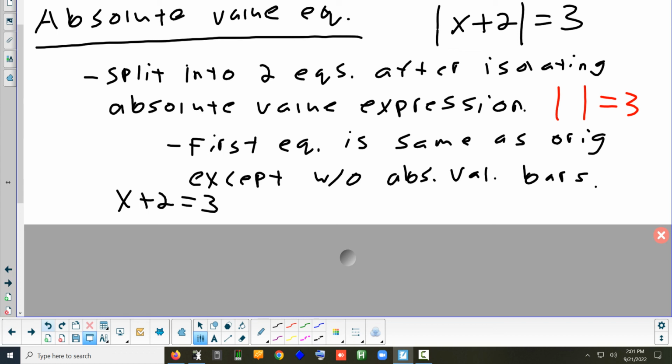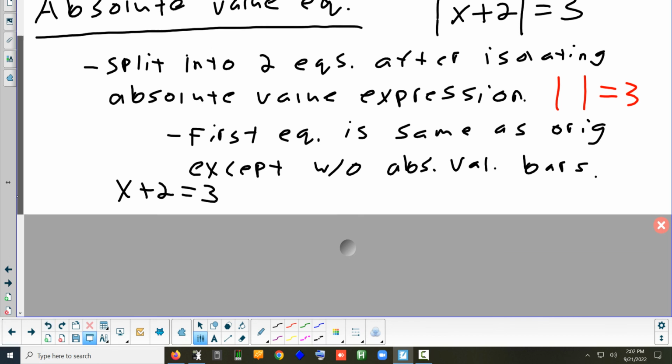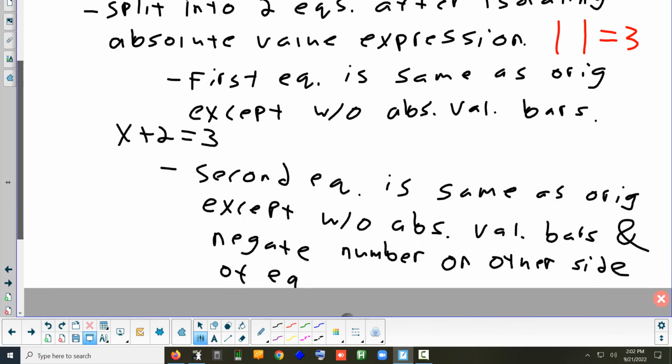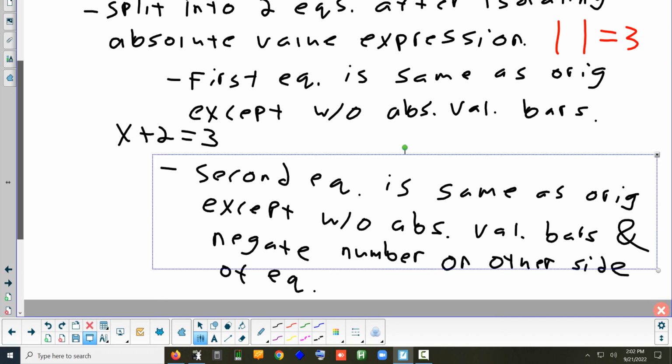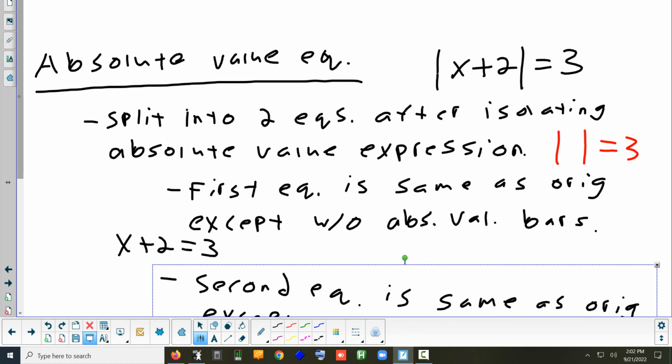So the first equation is the same as the original. Just take the bars off. x + 2 = 3. The second equation is the same as the original. Take the bars off and change the number on the other side to a negative. So the other one would be x + 2 = -3.